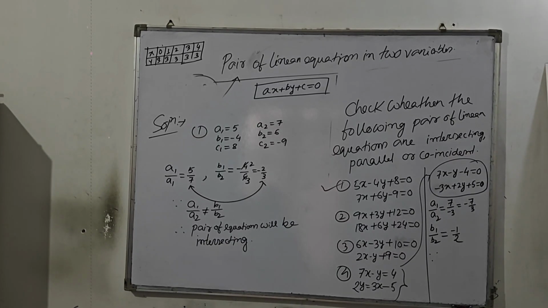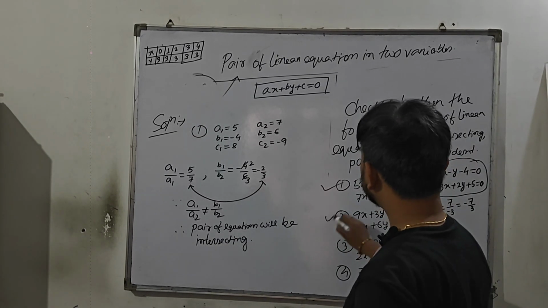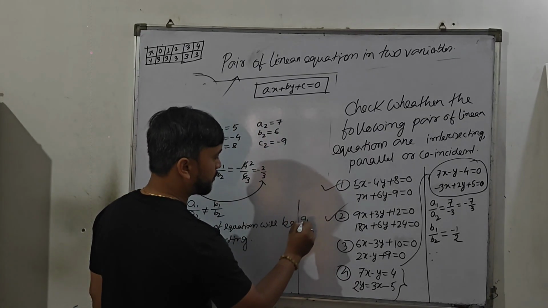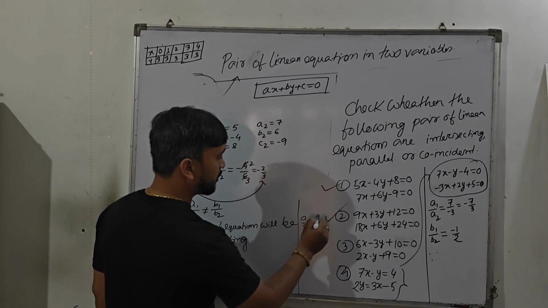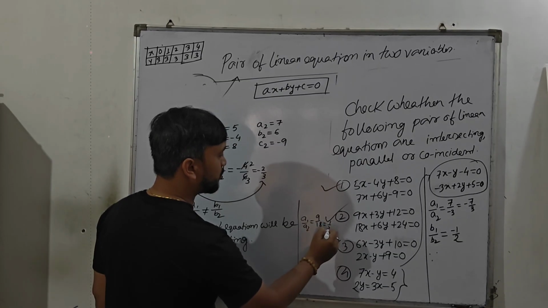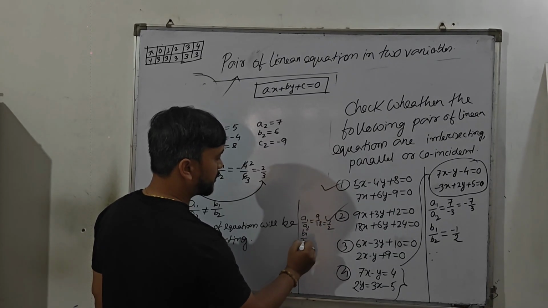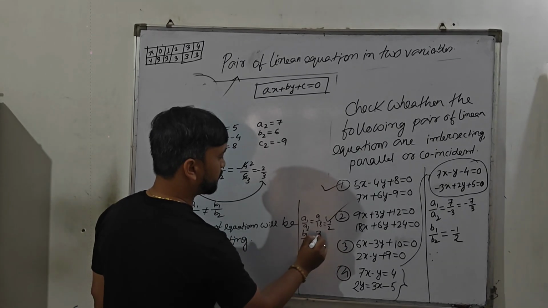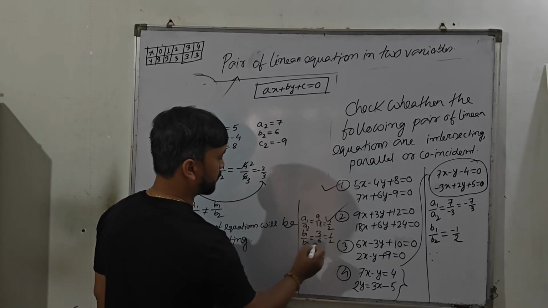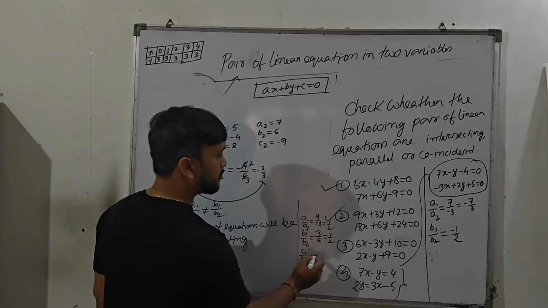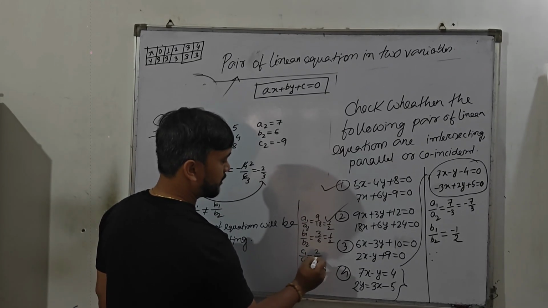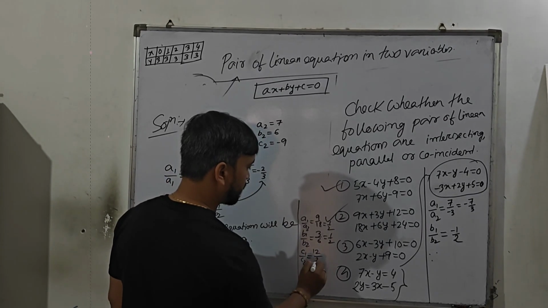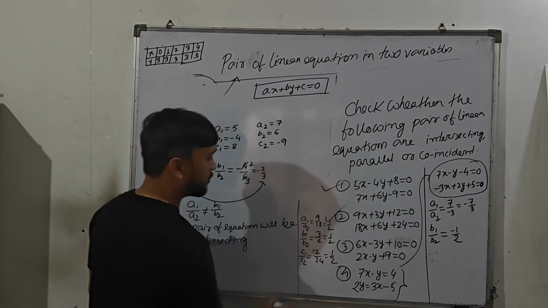For question number 3, for this one, a1 by a2, 9 by 18, that is 1 by 2, b1 by b2, 3 by 6, that means 1 by 2, c1 by c2, 12 by 24, that means 1 by 2.